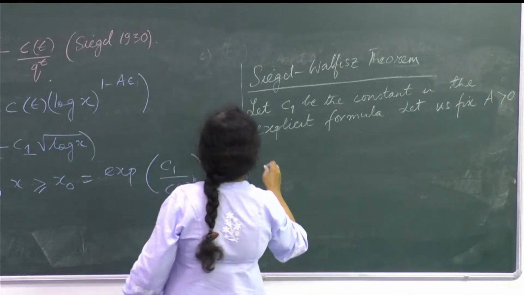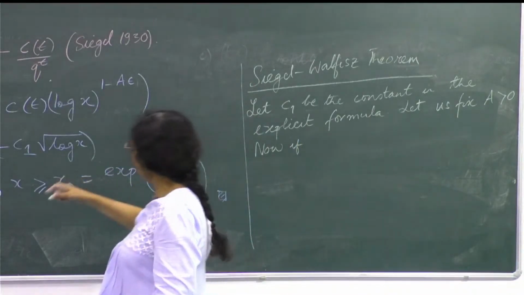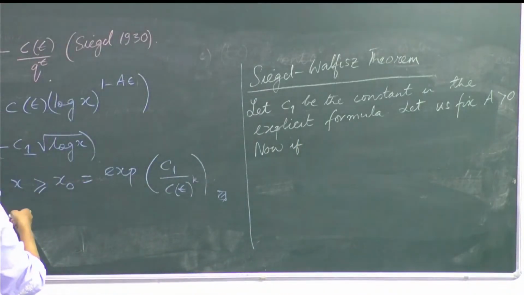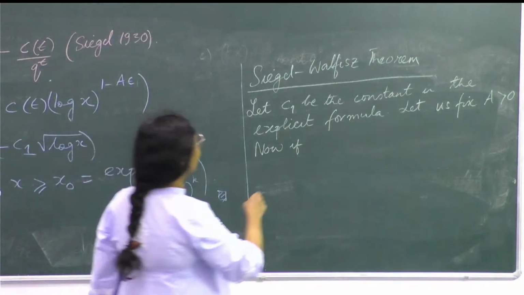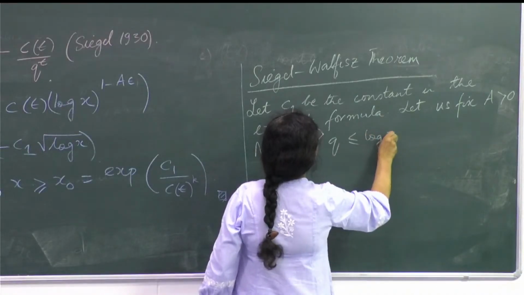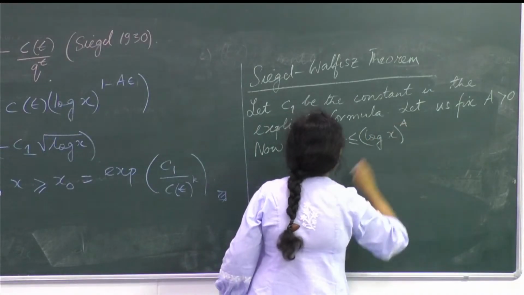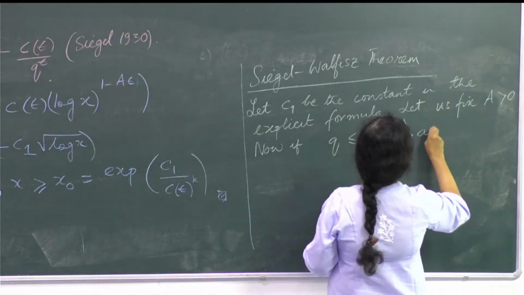So now you let Q be less than or equal to log x power A. Q is less than or equal to log x power A. A and Q are coprime.